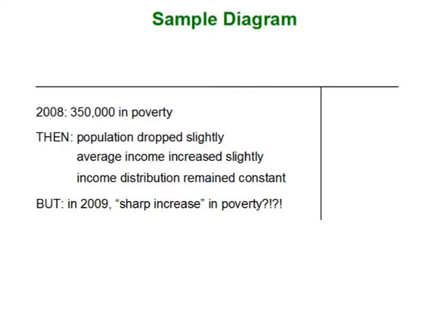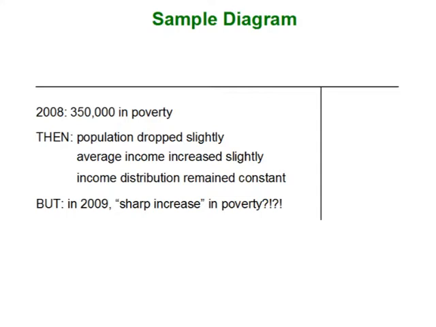Now notice all the question marks and exclamation points following this, because this is a surprising fact. If the population actually goes down and average income increases, one would expect poverty to decrease. So when average income has increased and poverty has increased, this is the paradox, or this is the contradiction that we're looking for.